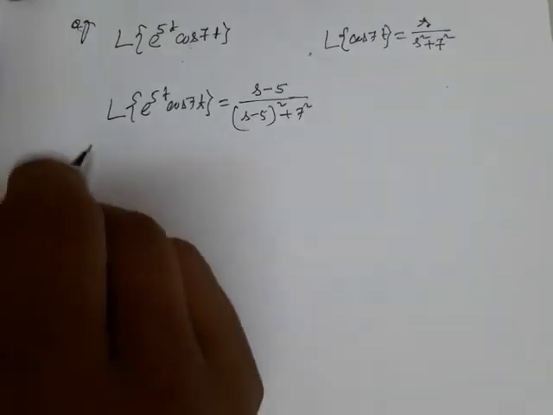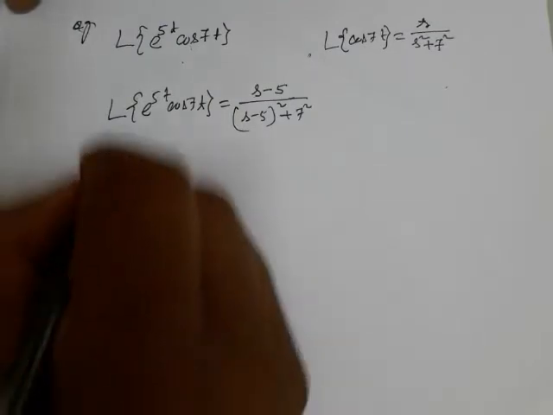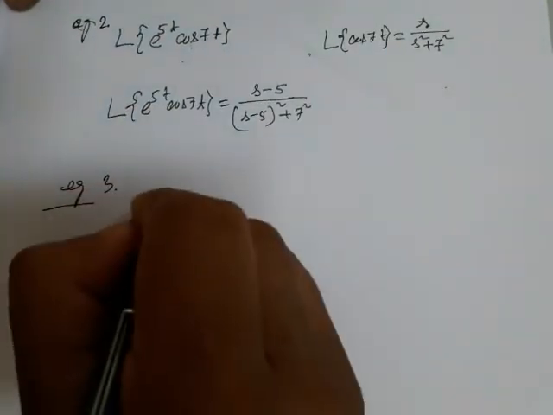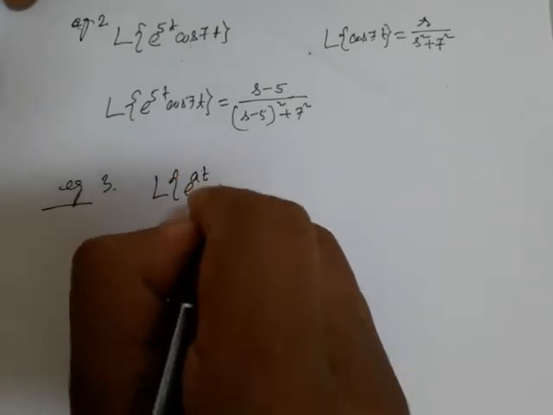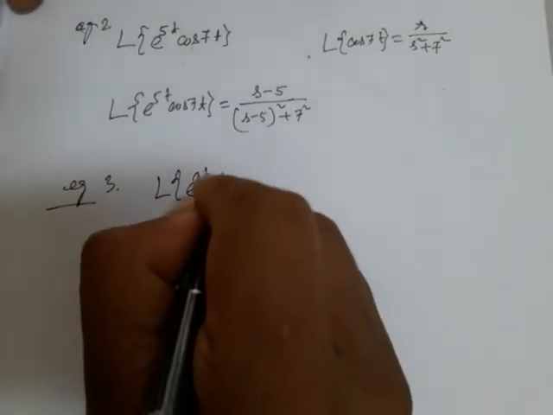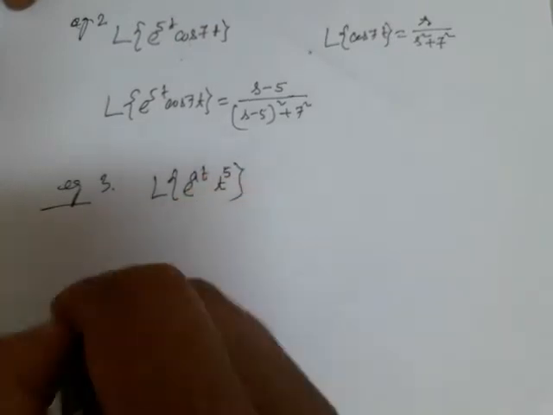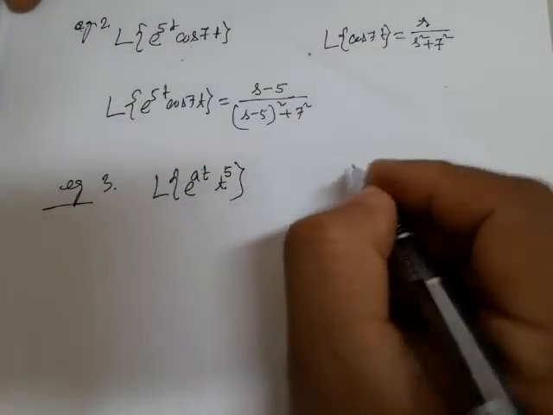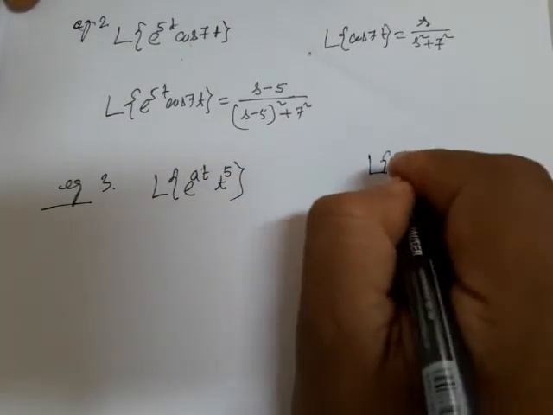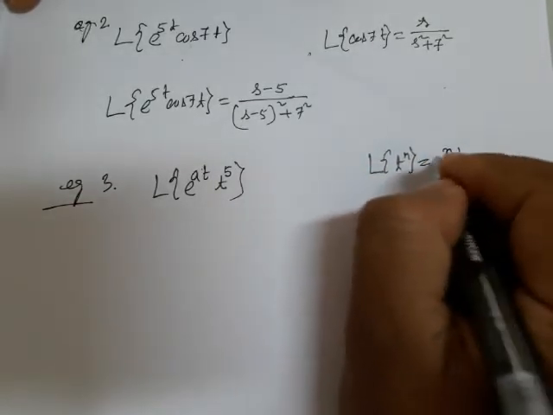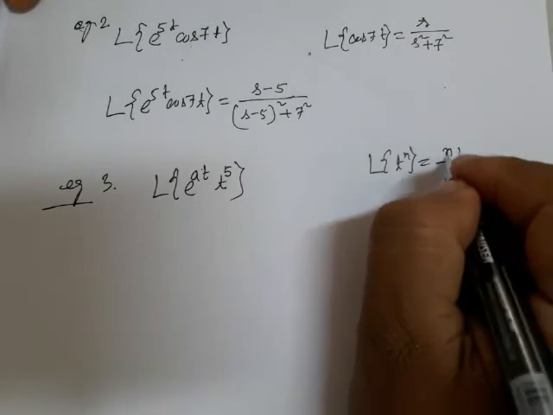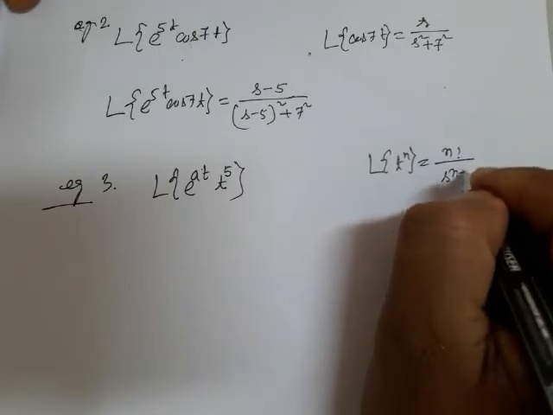One more example, example 3. What will be L{e^(at) t^5}? What is the formula for t to the power n? If n is a natural number, it is n factorial by s to the power n plus 1.